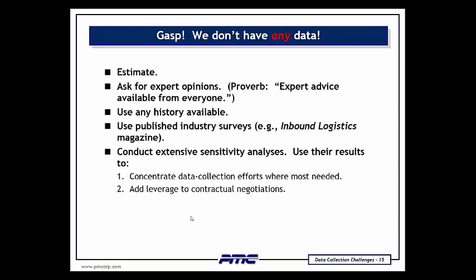Compare their results. Then you can find out, a tornado chart is good for this, which uncertain piece of data makes the most difference in the results the simulation model predicts. Concentrate your subsequent data collection efforts on those pieces of data.